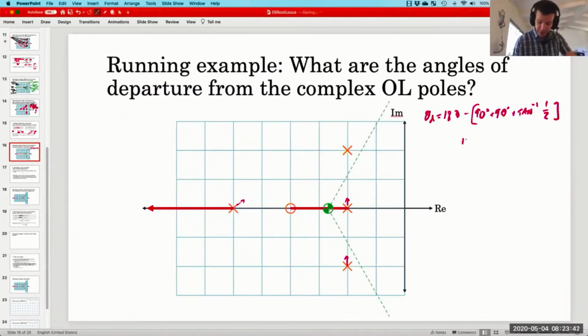And then we're going to add to that the angle of the vector from the open loop zero to the pole that we're departing. So this is 45 degrees. Okay, if you get your calculator out and you work out the arctangent of 0.5, this is approximately 18 degrees.